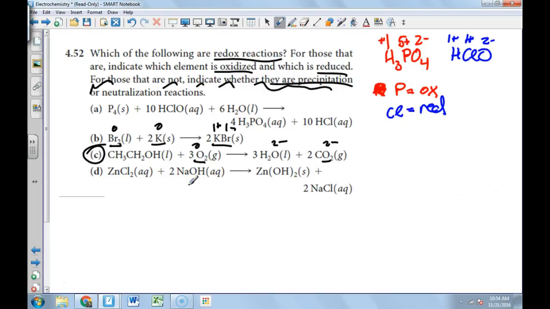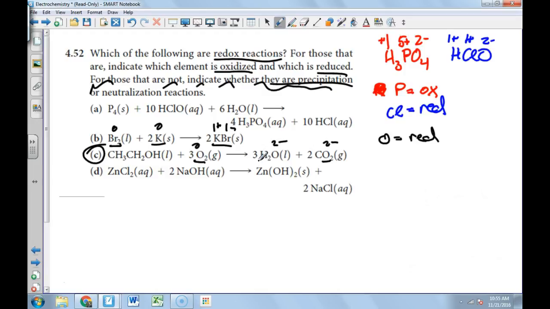So that means that oxygen is being reduced. Oxygen almost always is the oxidizing agent. That's where it gets its name from, oxidizing agent. It's because oxygen causes oxidation, and so it's the oxidizing agent. The oxidizing agent is the thing that is always reduced.